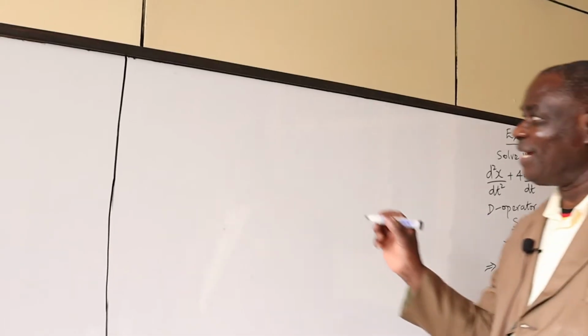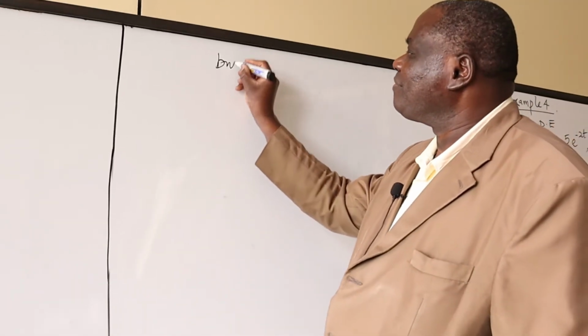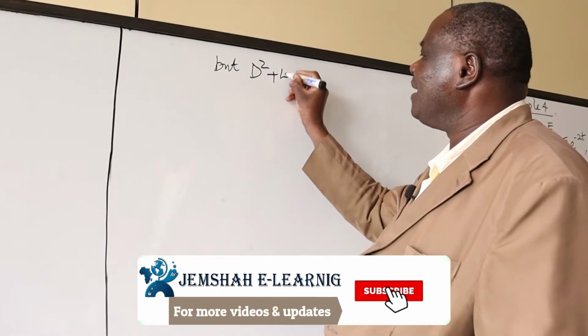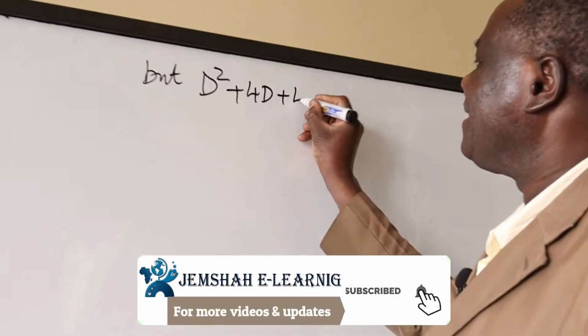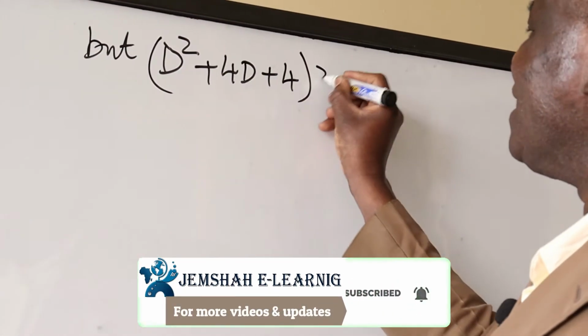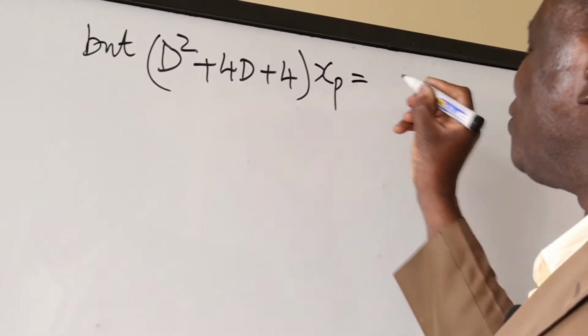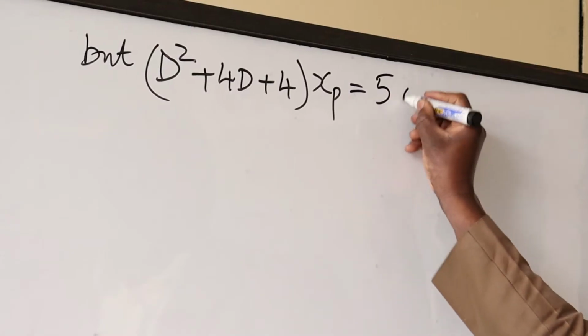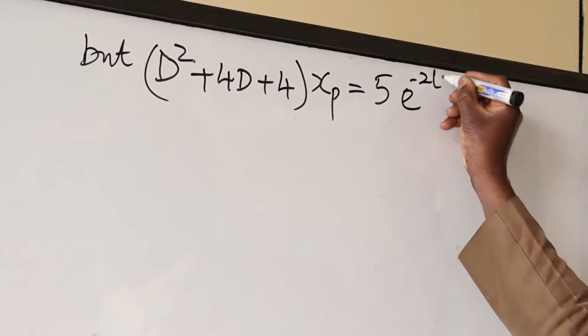But we know something. D squared plus 4d plus 4 into xp is the one to generate 5 exponential negative 2t.